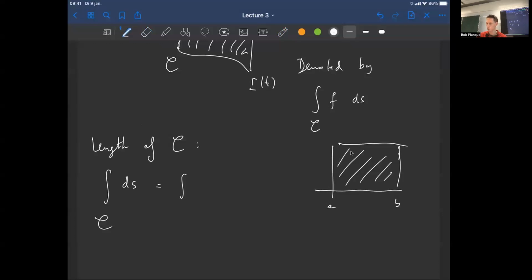My t variable goes from A to B, and C is parameterized by the parameterization r of t. What I would like to do is know how fast t is traversing through the curve. So that is dr dt. That's the velocity, or to be precise, the speed with which t traverses the curve.